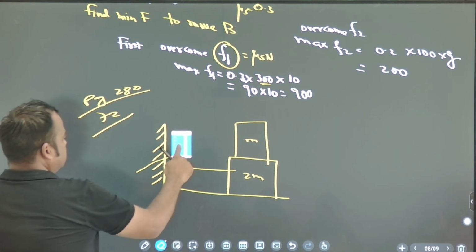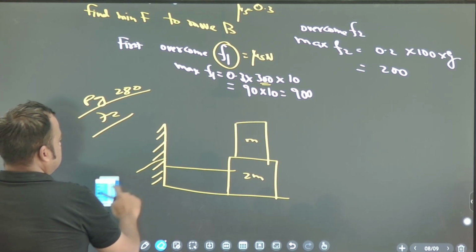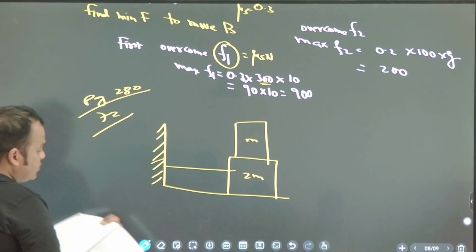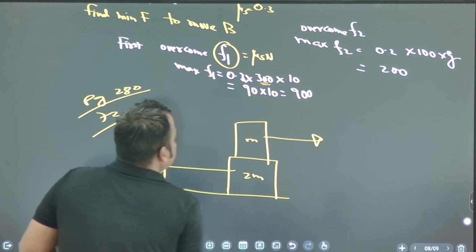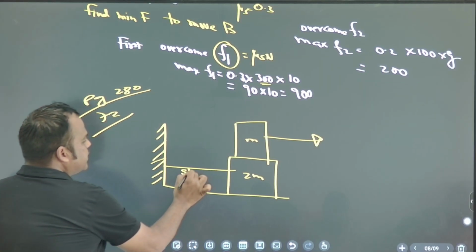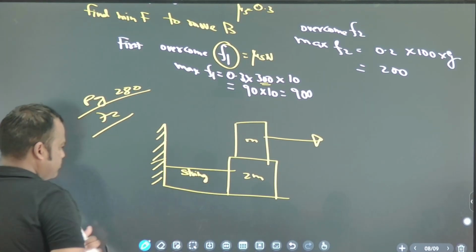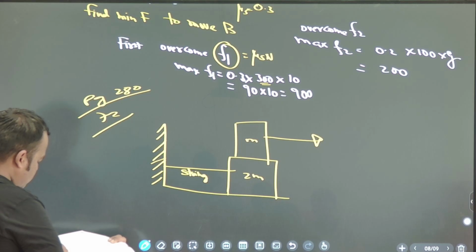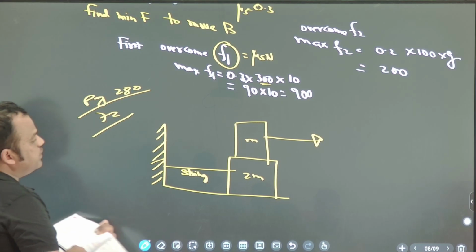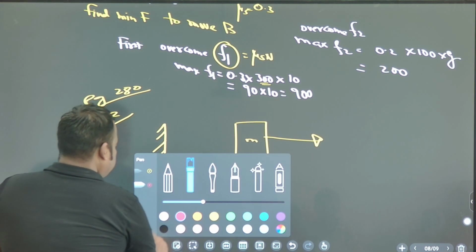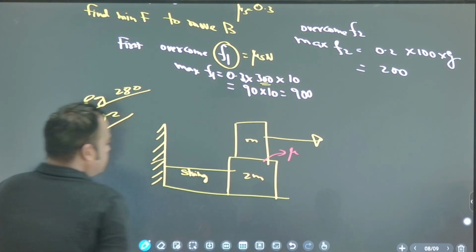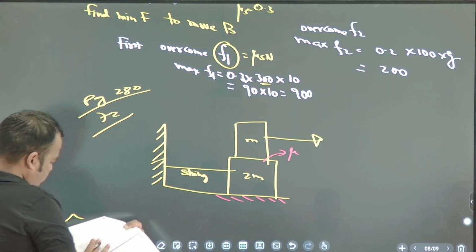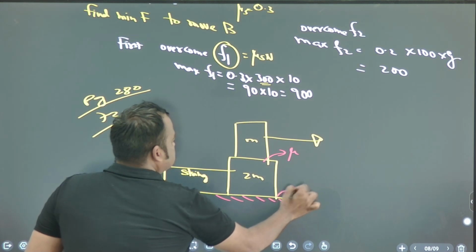Now this is a question. Force is acting on upper block. Now this is the string. The coefficient of friction between M and 2M is mu, and between 2M and the floor it is mu by 3.